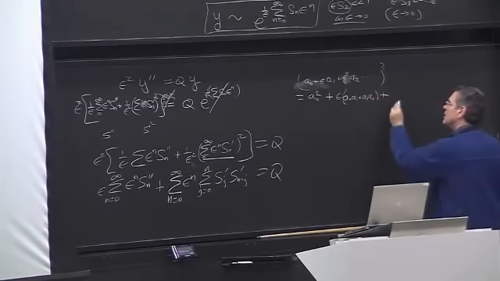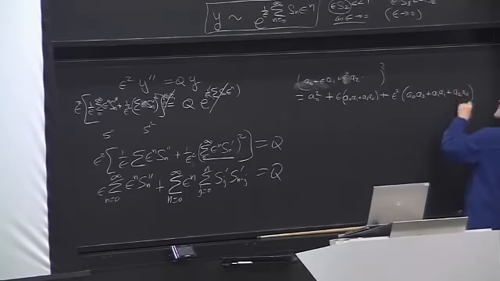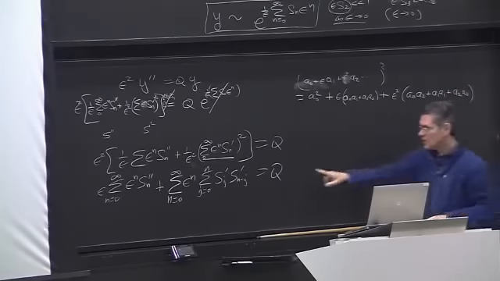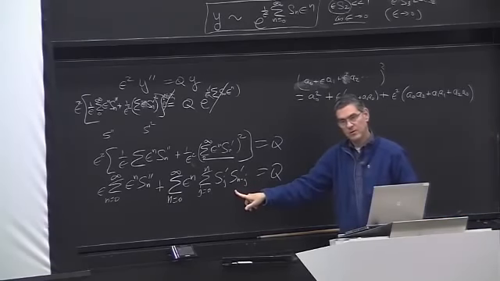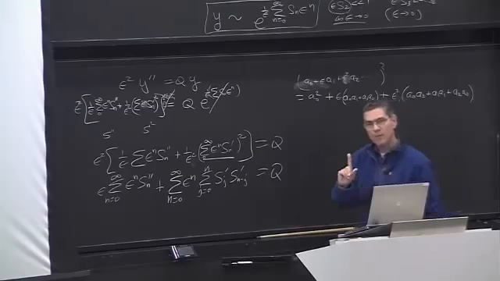The next term is epsilon squared times (a0 a2 plus a1 a1 plus a2 a0), and so on. One term, two terms, three terms, four terms. It's precisely this. Okay? And now, one last step.